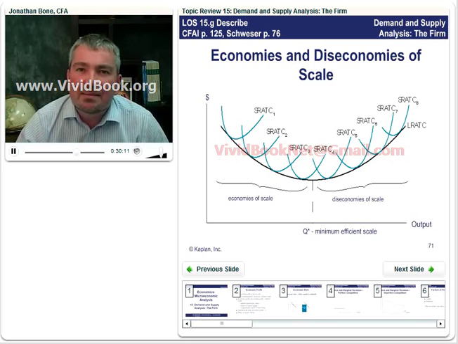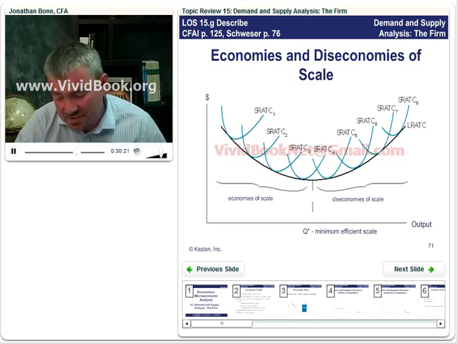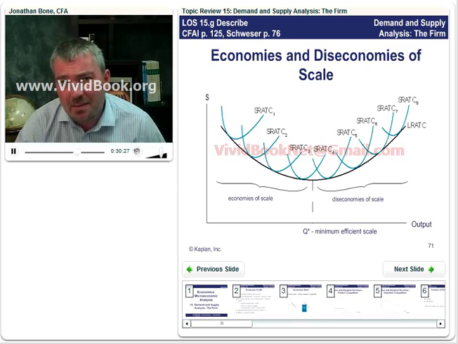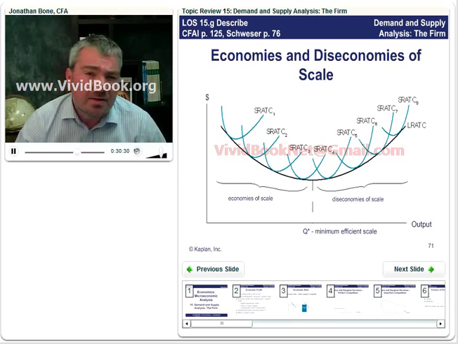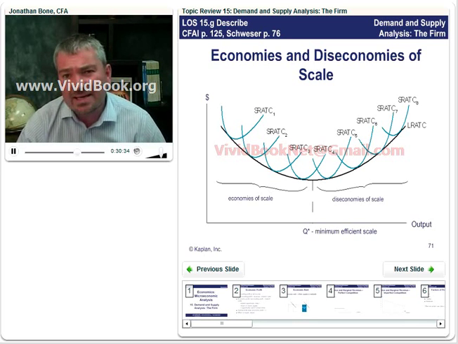Notice then there is some size of firm, known as the minimum efficient scale, that minimises the long-run average total cost curve. If we go above that, we start to suffer from diseconomies of scale. You might notice this if you work for a large firm. As the firm gets bigger and bigger, you start to suffer from things such as bureaucratic behaviour that reduces efficiency.